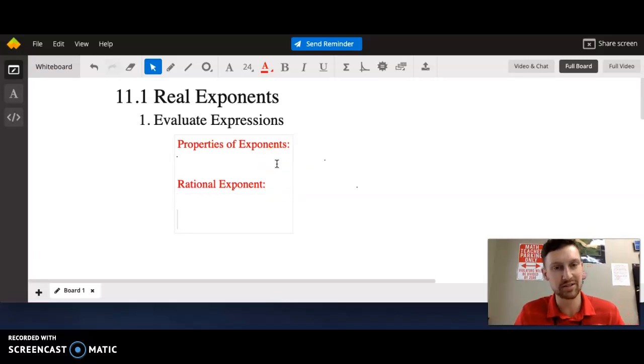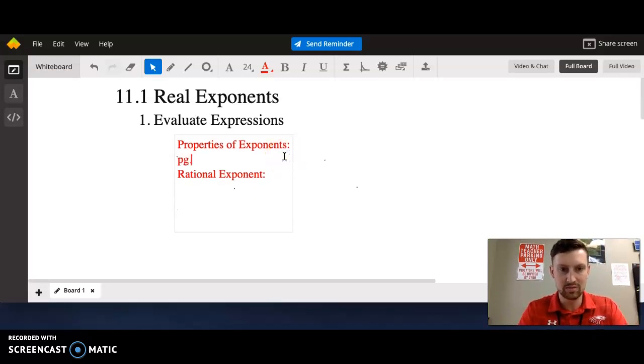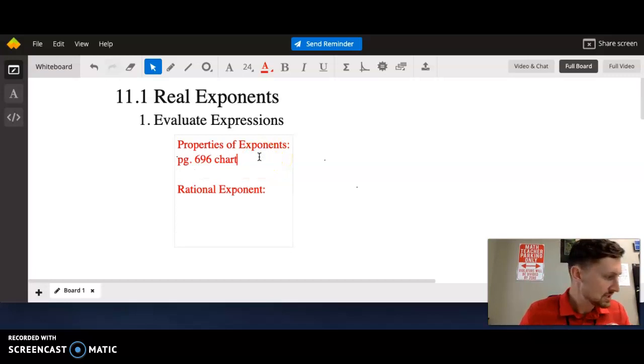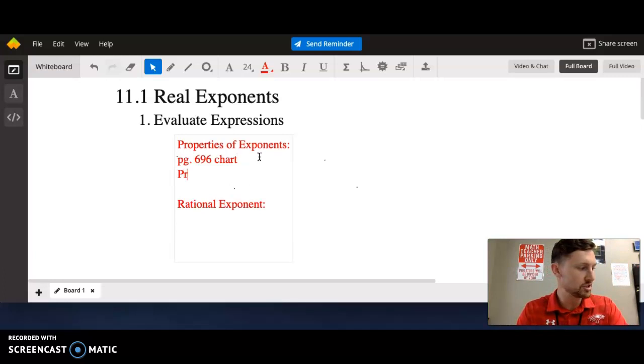So essentially an exponent is a fraction and not just a normal squared or something like that. There is a chart on page 696 of your book that was going to be a beautiful cutout that we were going to put underneath this property of exponent definition. So just take a look at that chart. Maybe you can jot in your notes since we won't have that chart.